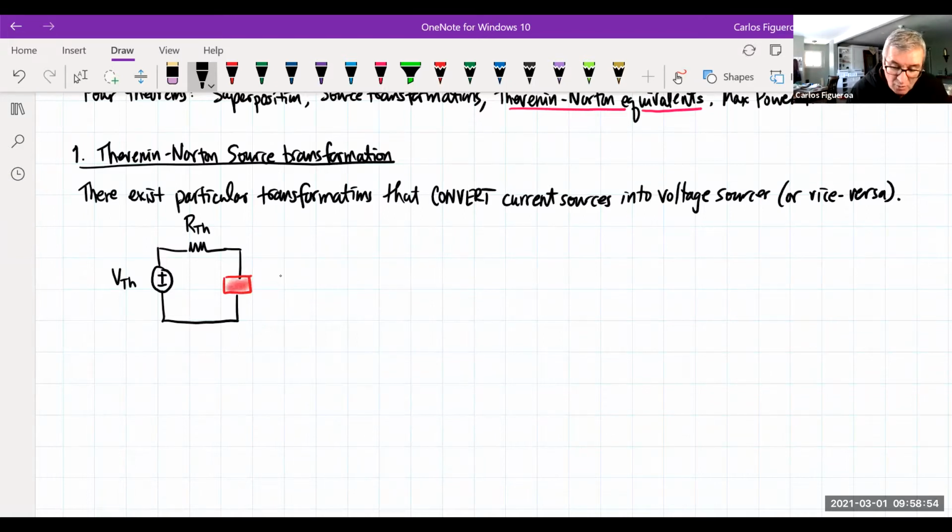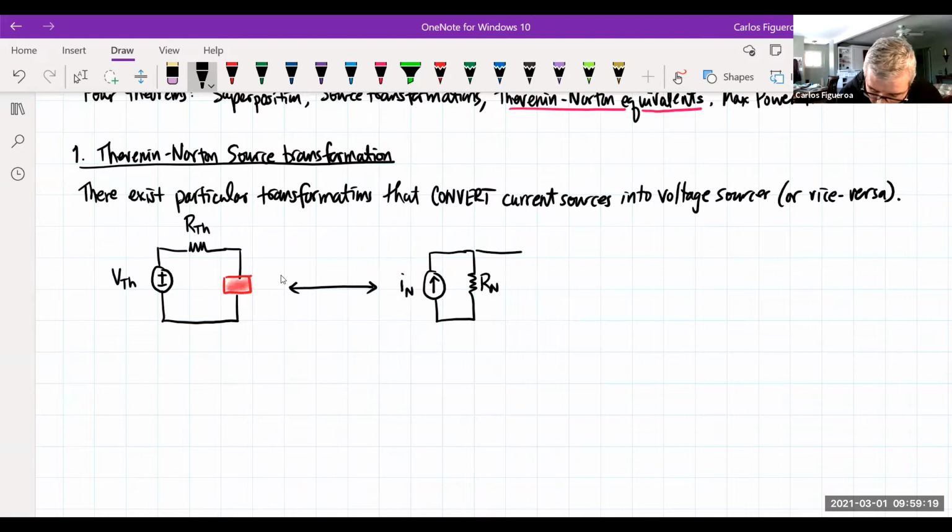I'm saying there's a way of making these two equivalent. There's a current source, which is known as a Norton current source. And if I have a resistor parallel to the current source, this is known as a Norton resistance. And I have the exact same load.